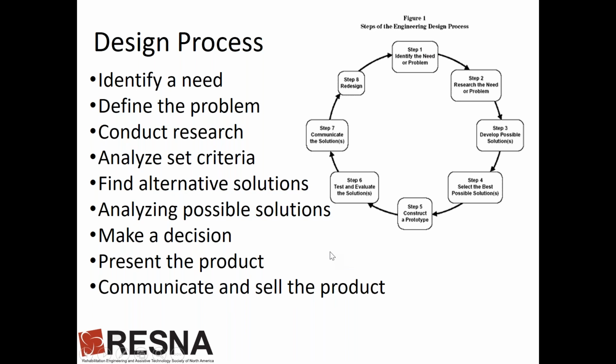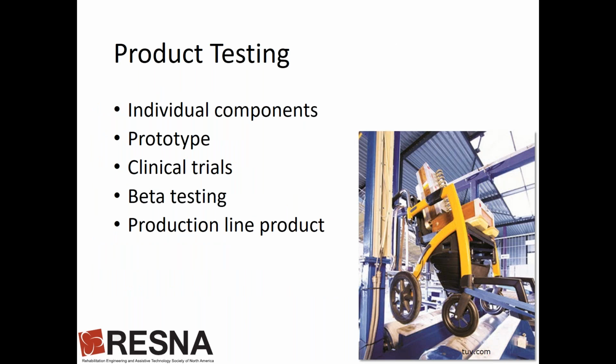Testing is a big deal. So there are a lot of standards for testing, and RESNA has an entire section on standards and ANSI standards and that whole component. But essentially, you just need to know that product testing occurs with individual components, the prototype, clinical trials, beta testing, and then product line development.